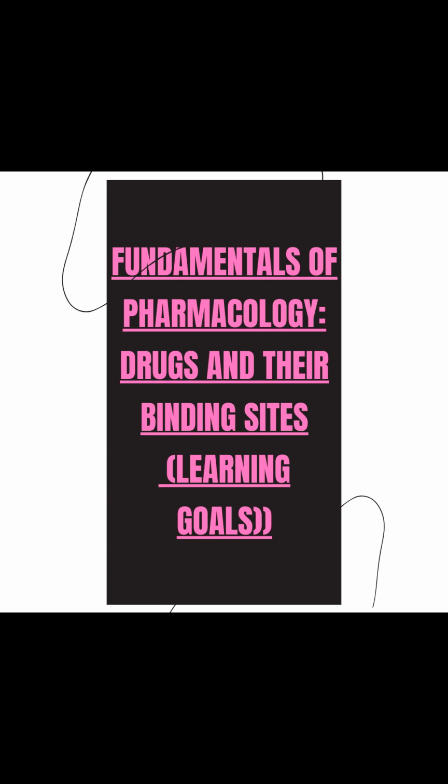E. Positive allosteric modulators. Positive allosteric modulators, PAMs, bind to an allosteric site on the receptor, which is distinct from the primary agonist binding site. When a PAM binds, it induces a conformational change in the receptor that enhances the affinity or efficacy of the primary agonist. This amplifies the receptor's response to the natural ligand without directly activating the receptor itself.